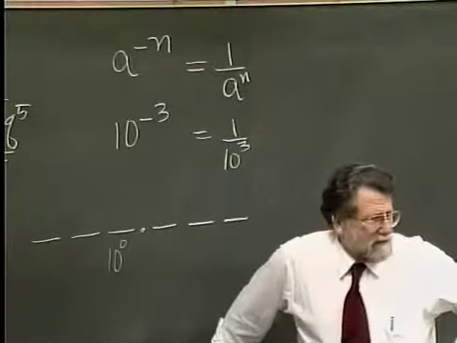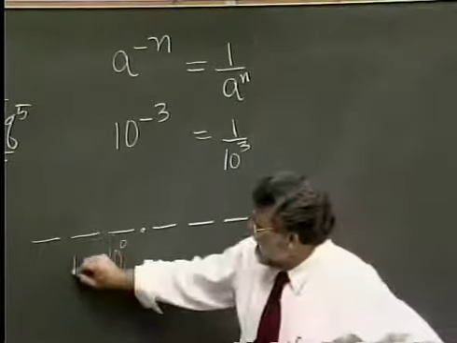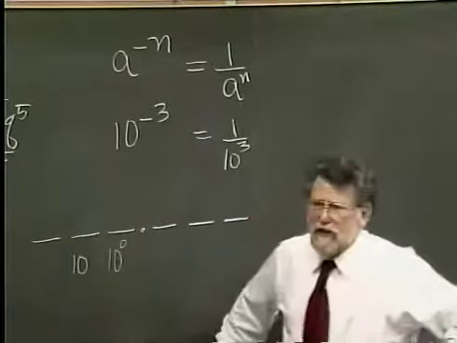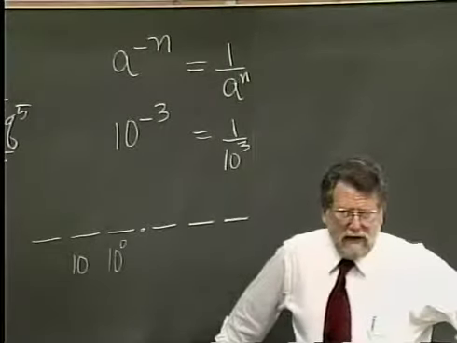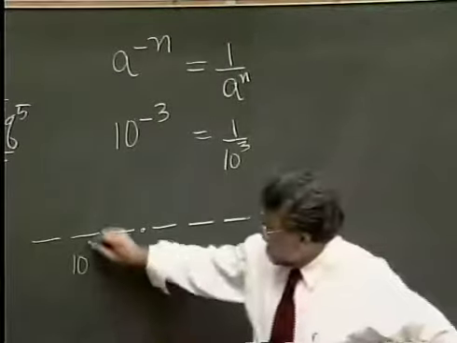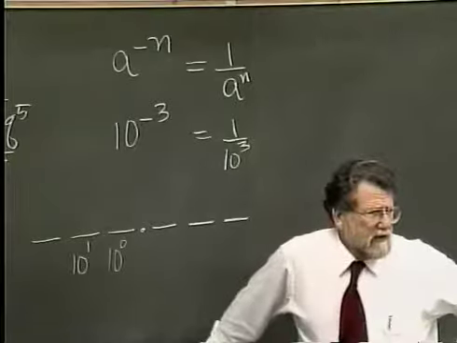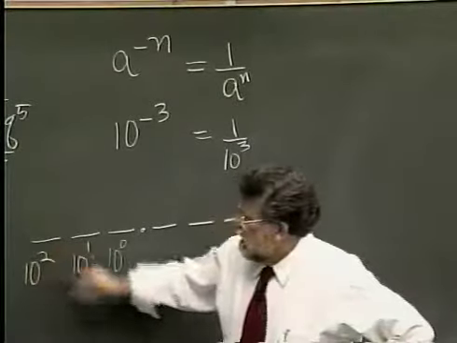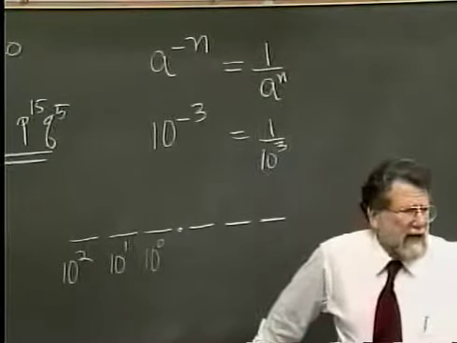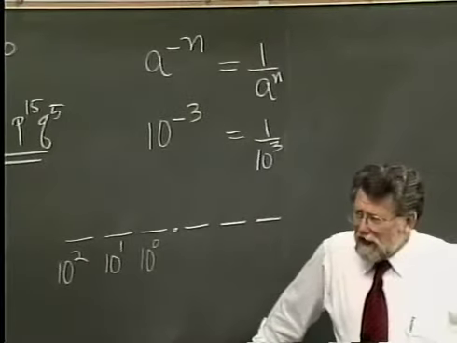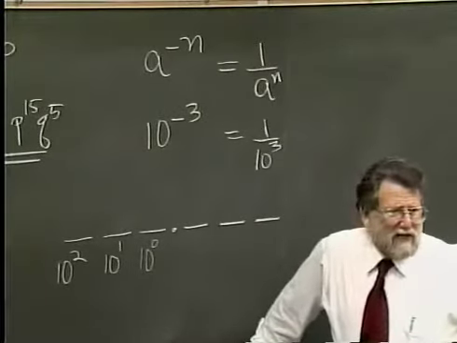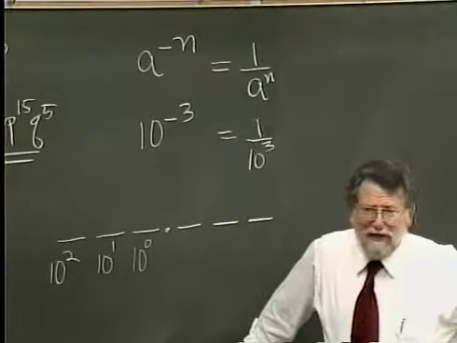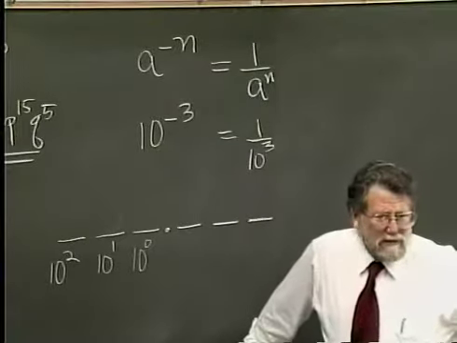By agreement. There's some justification for it in the moment. The next place to your left is 10, which we could call 10 to the first. The next place value to your left is 10 to the second. And we know we go to hundreds, thousands, 10,000s, 100,000s, millions, and so on, and we get up to quadrillions and quintillions and so on.